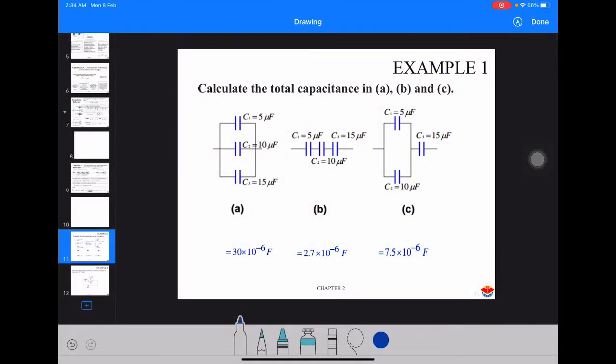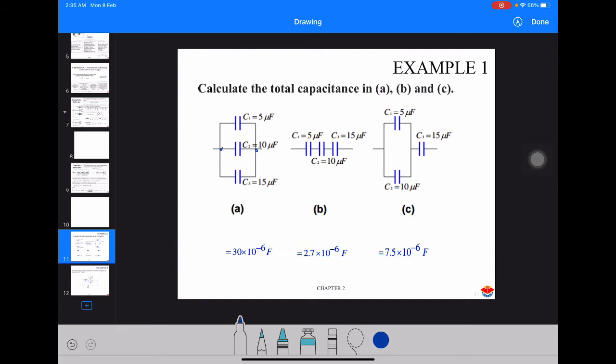Let's try to look at an example on how to calculate total capacitance. For example 1a, you have capacitors in parallel. You can see that this one has a junction over here and over here. So C1, C2, C3 are parallel to each other. How to calculate that one? You simply have to add 5 plus 10 plus 15.